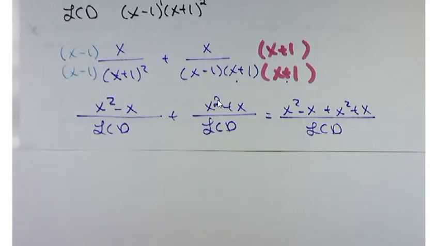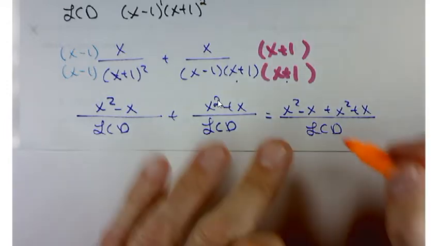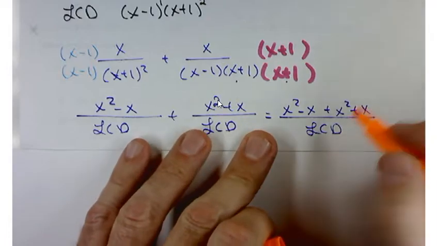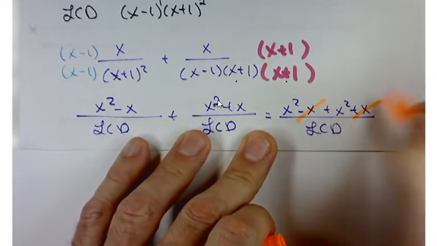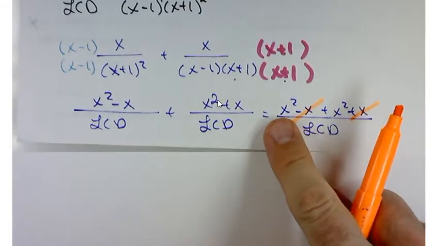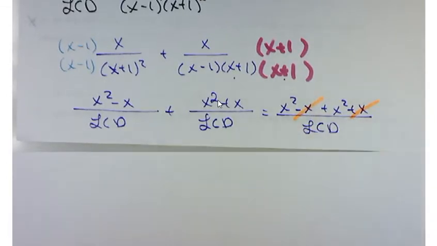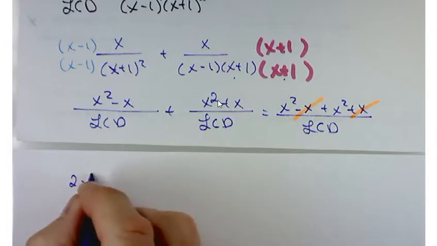Can anyone simplify that one? Alexa, you see any simplification there? Okay, so these cancel, right? But if I have one of these plus another one of these, how many do I have? 2 of them. 2x squared.